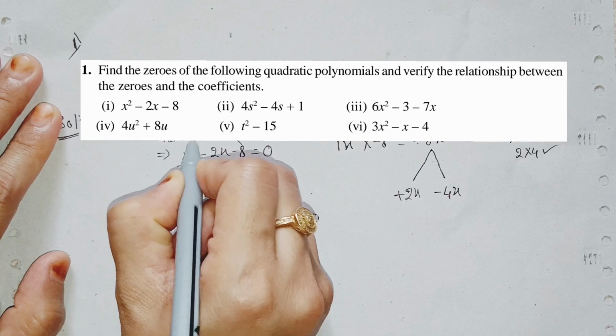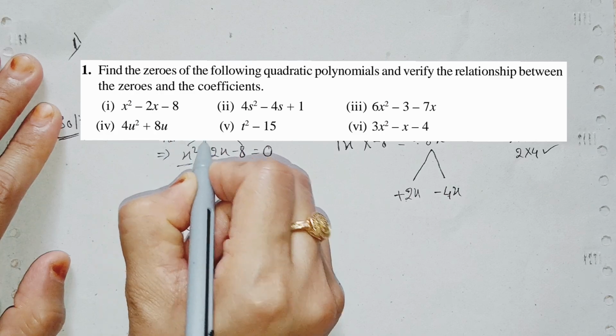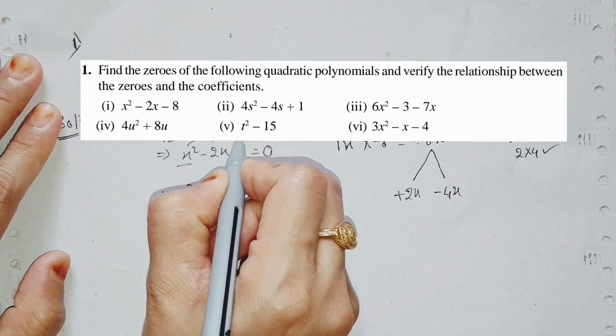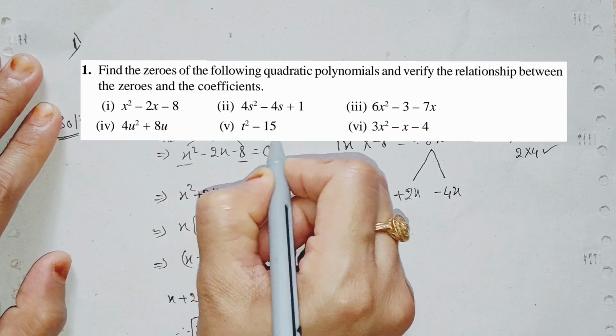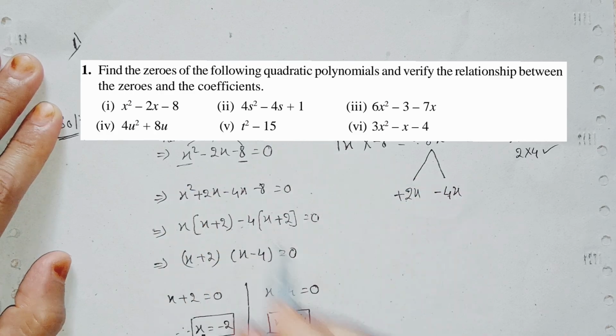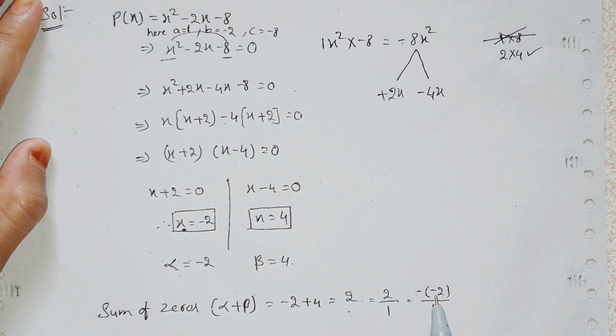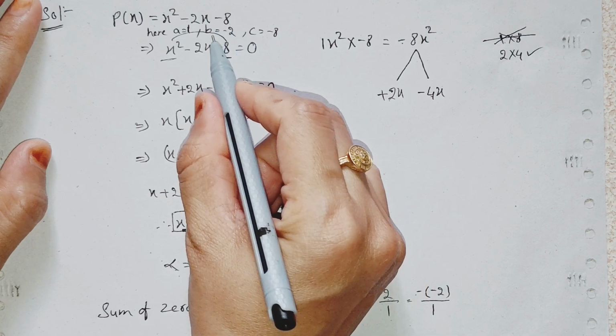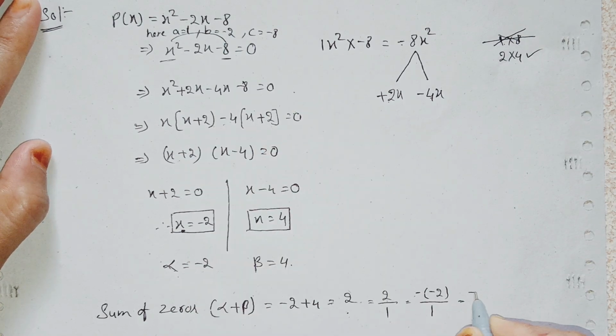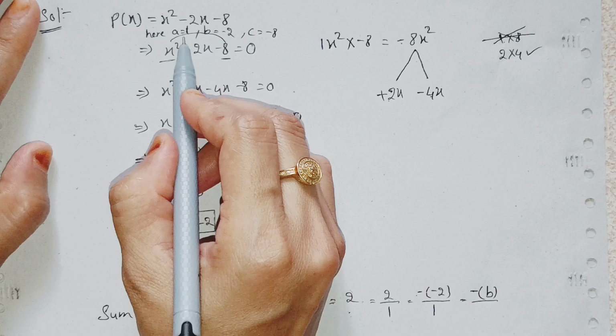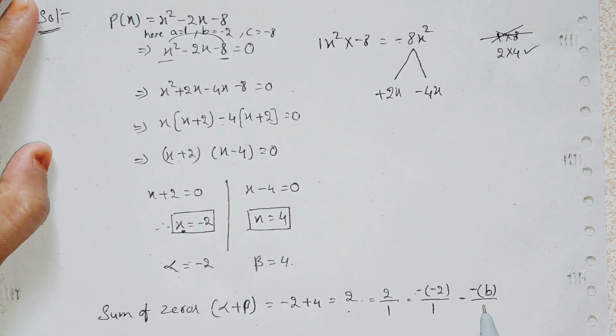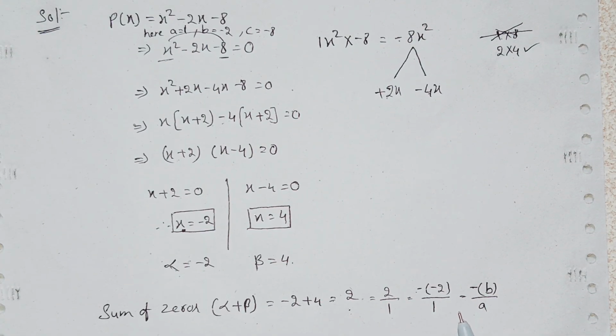Here a is 1, b is minus 2, c is minus 8. Here I got minus 2, so in the place of minus 2 I can write b, because the minus sign is already there. So in the place of minus 2, I am writing b by 1. What is 1? 1 means a.